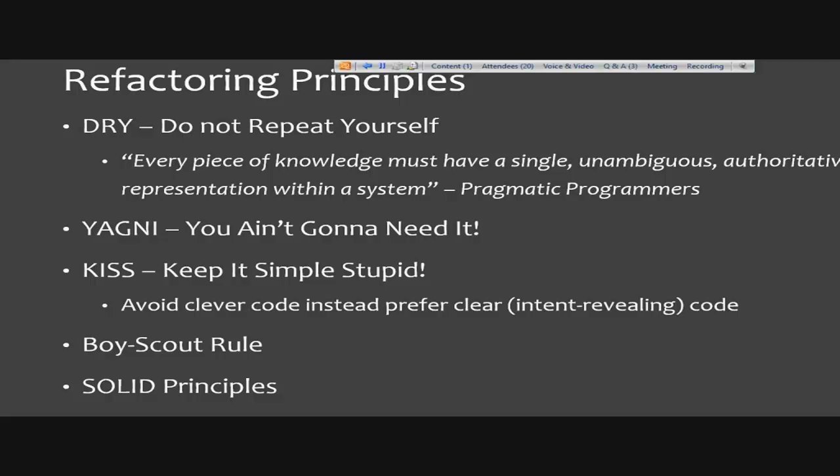Basically, the Boy Scout rule says that whatever part of the code you touch, you should leave it slightly better. Whenever you visit code and see that it's not good and not perfect, you don't strive for getting it best, but you should strive for getting it better.